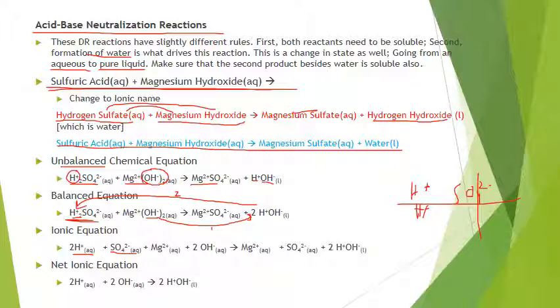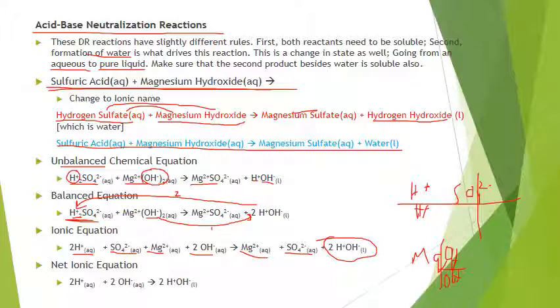The magnesium hydroxide splits apart into Mg 2 plus and 2 OH minuses. On this side, the magnesium and sulfate split apart, and the water does not split apart.